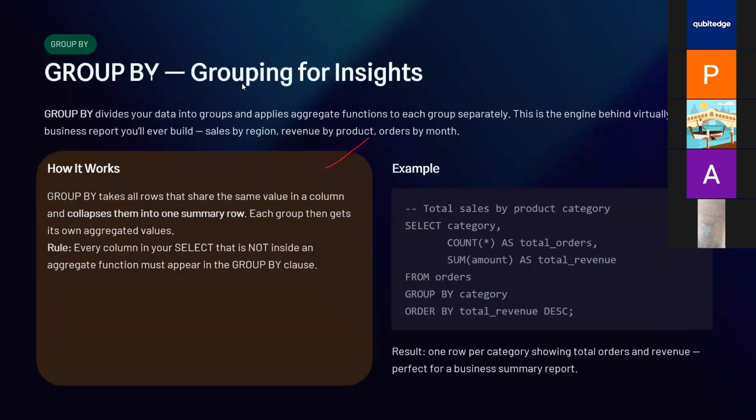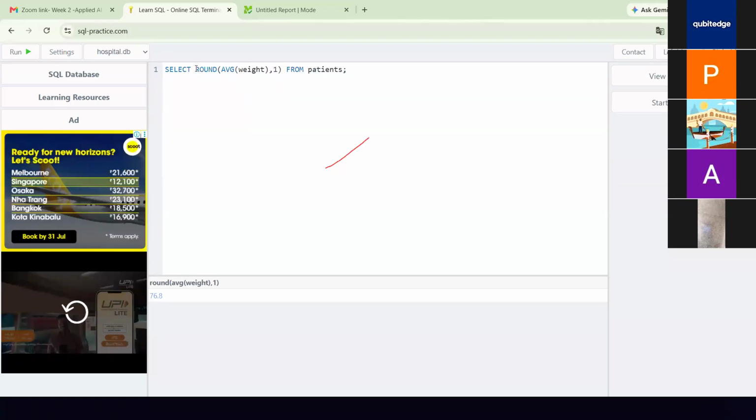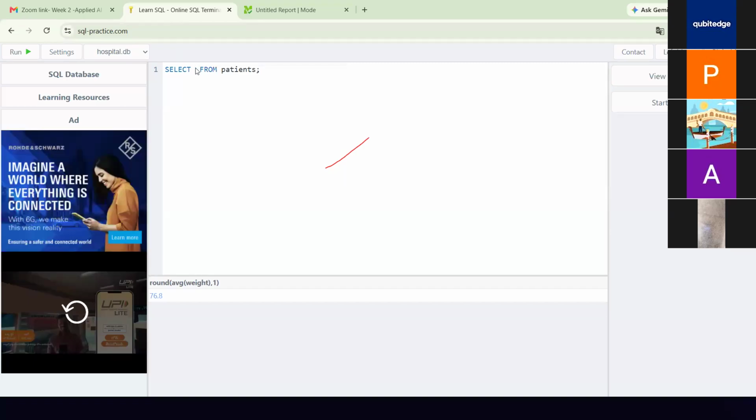So in this scenario, we have done the average weight, average height for everyone. What I want to see is the average height of male and average height of female separately.